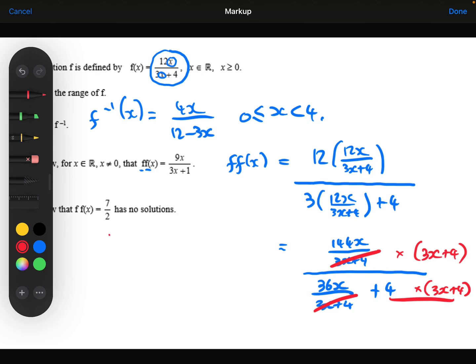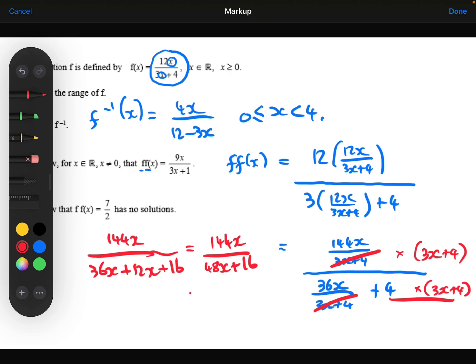which will leave me with the 144x on the top, the 36x, plus 4 times the 3x is 12x, 4 times the 4 is 16. Collecting like terms, the 36x plus the 12x is 48x.